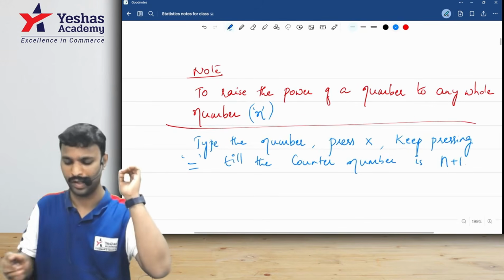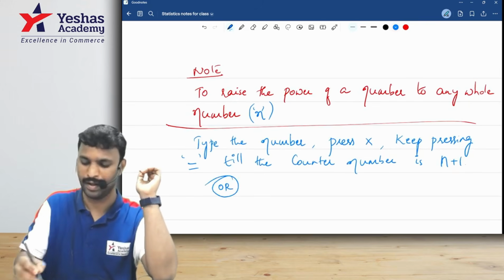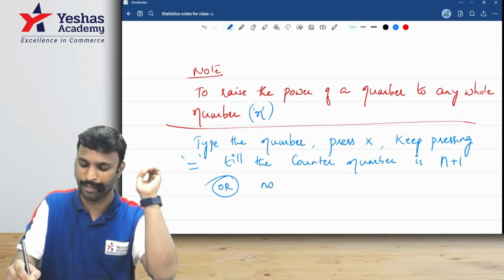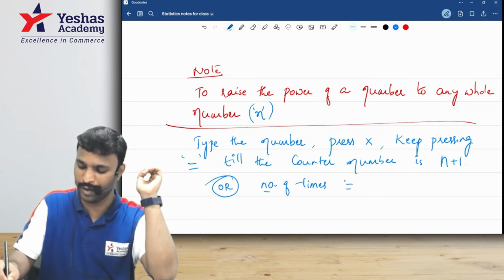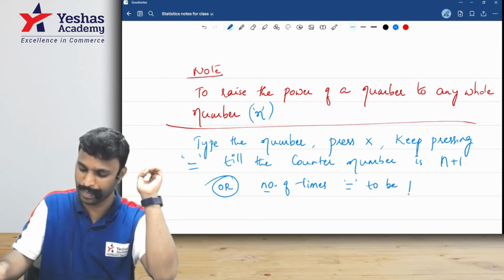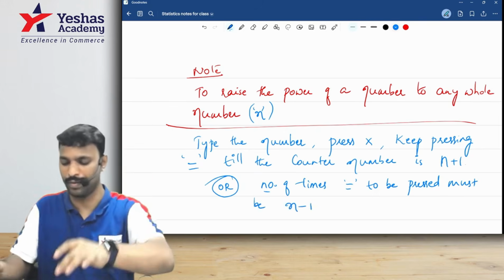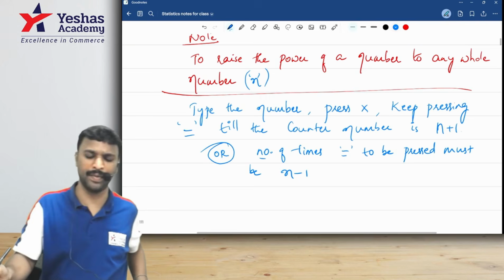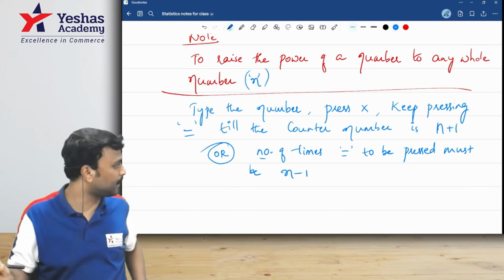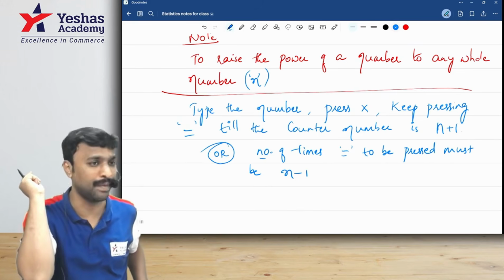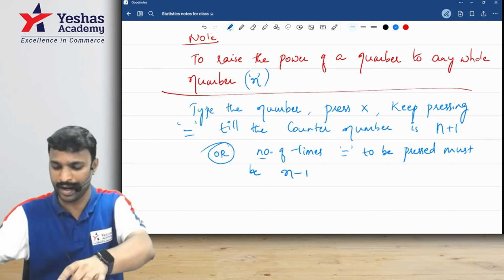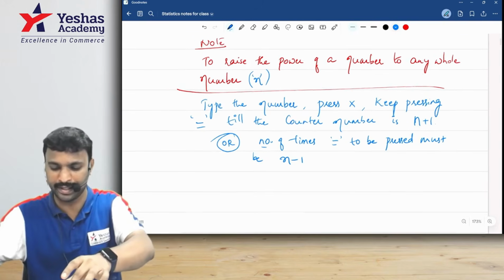Just copy this. Or the number of times equal to be pressed must be n minus 1. We have to keep on pressing equal till the counter number is n plus 1, or the number of times equal to be pressed must be n minus 1. So I'll explain that now in detail.